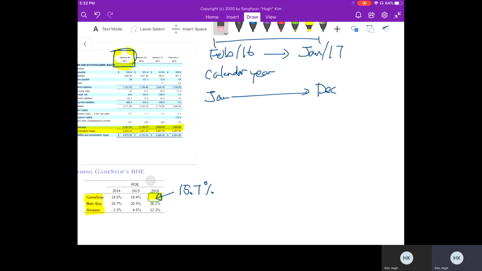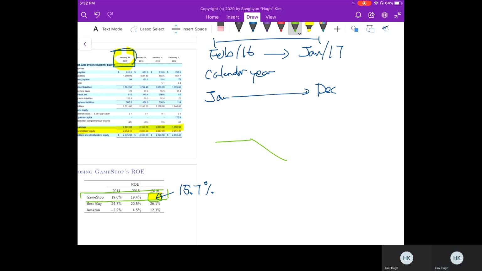Let's look at the numbers. As you can see here, let's look at the time trend of ROE for GameStop. The GameStop ROE is decreasing. It's decreased quite a bit from above 19% to below 16%.